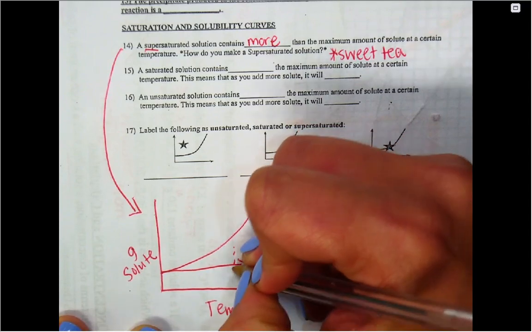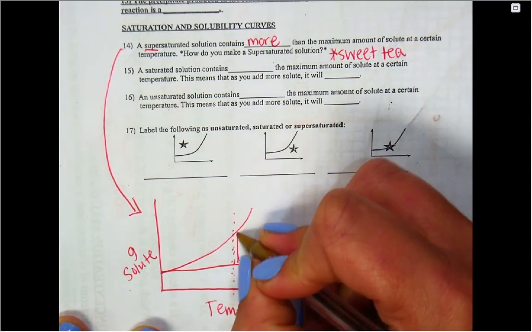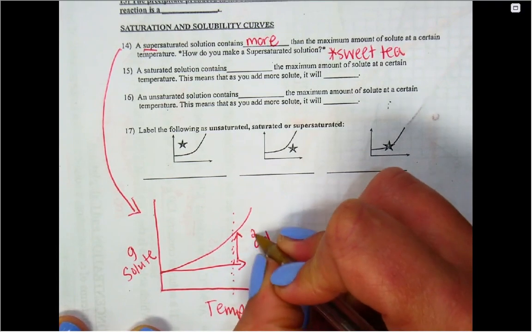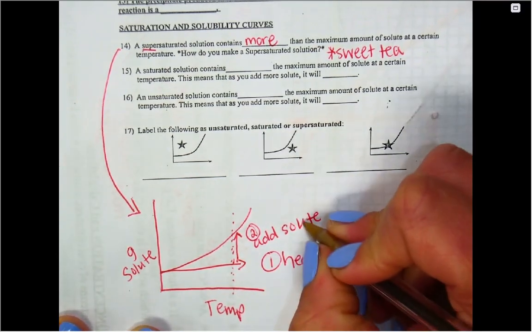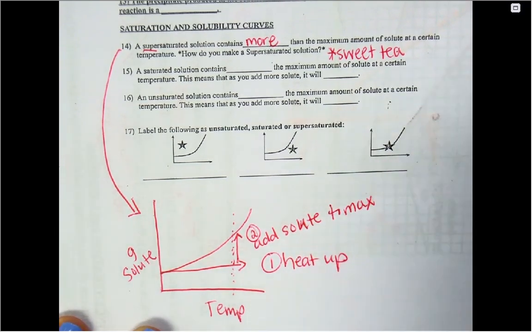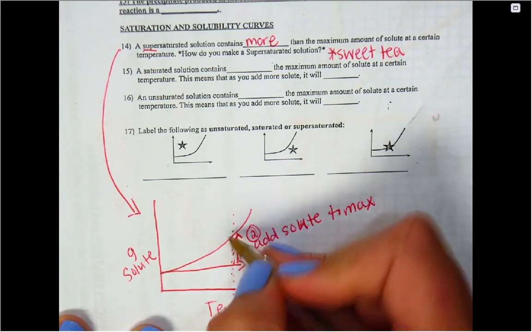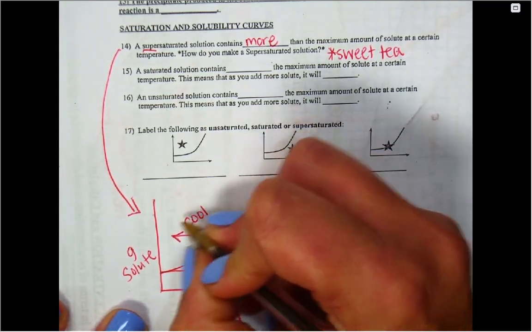Then you're going to basically get it at this temperature. You're going to add solute to the maximum amount. At that point, you're going to cool it down.